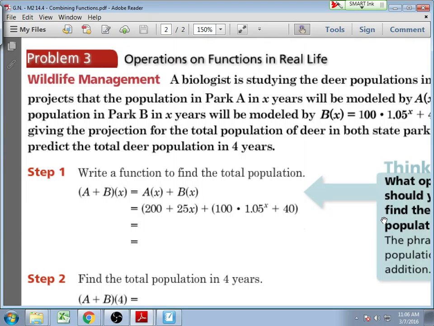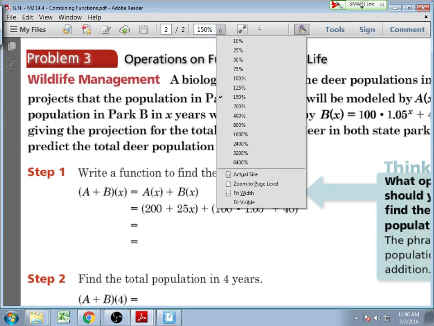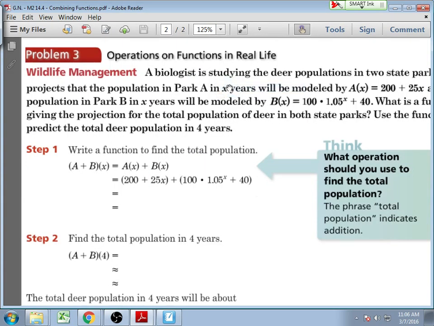So, real life applications. Of course, what we always like to get to, that ever popular, when will we use this question? So Park A has a study going of the population in x amount of years. Obviously, when x is 0, that's the start of my study. So we want to predict the sum, the total between both parks of the deer population 4 years from now.